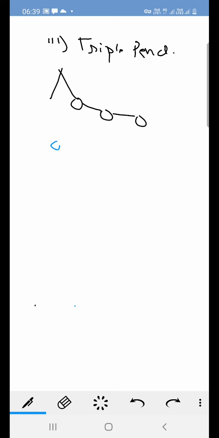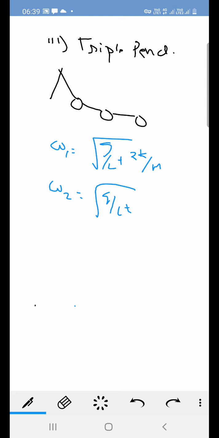Like we have omega 1 as G by L plus 2k by m. Then we'll have omega 2 as G by L plus 2k by m if the masses are the same, and omega 3 will be equal to G by L minus k by m.